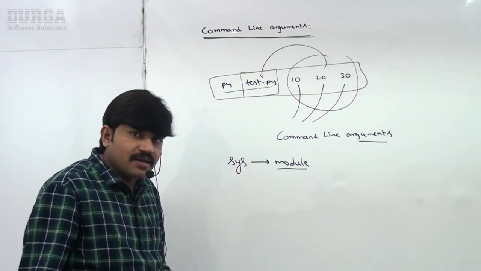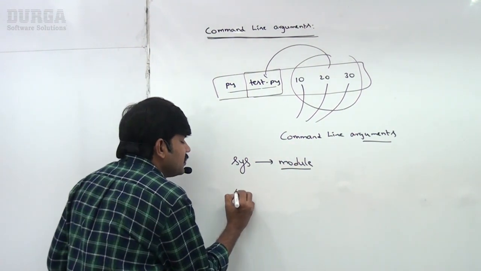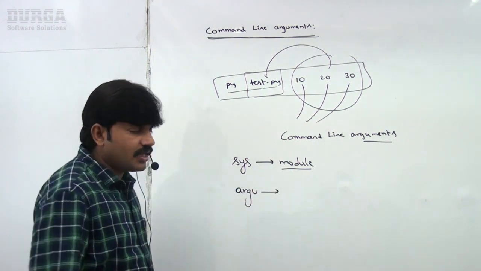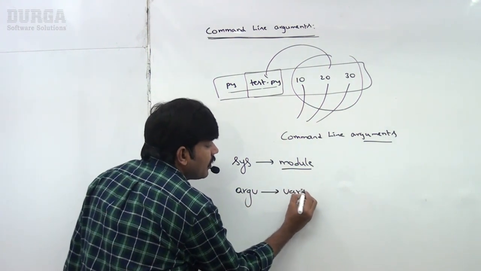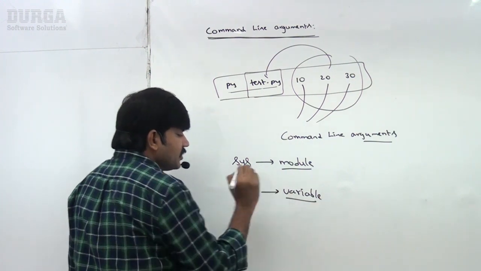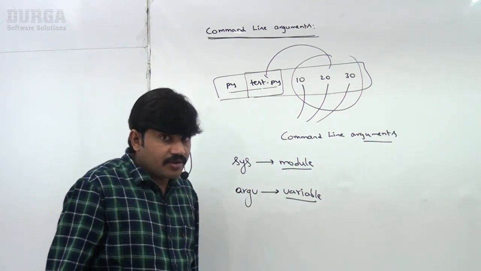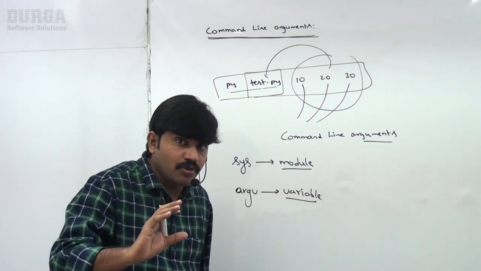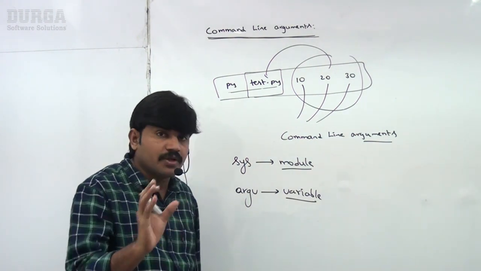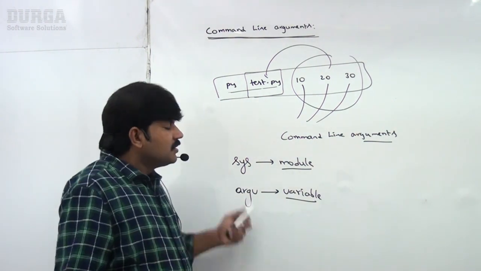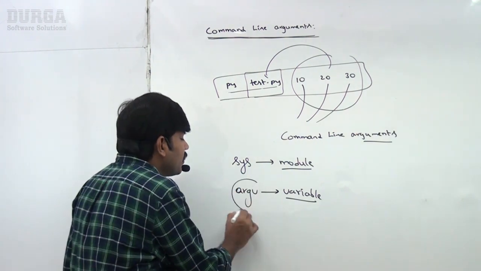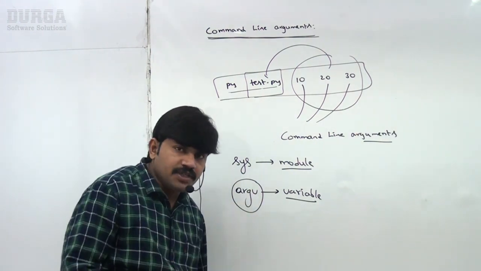This module contains one variable, argv. It is the variable present inside the sys module. We are not required to discuss what a module is; in the last session, while covering the math module, we covered the basic idea about modules very clearly. The sys module contains a variable, argv.